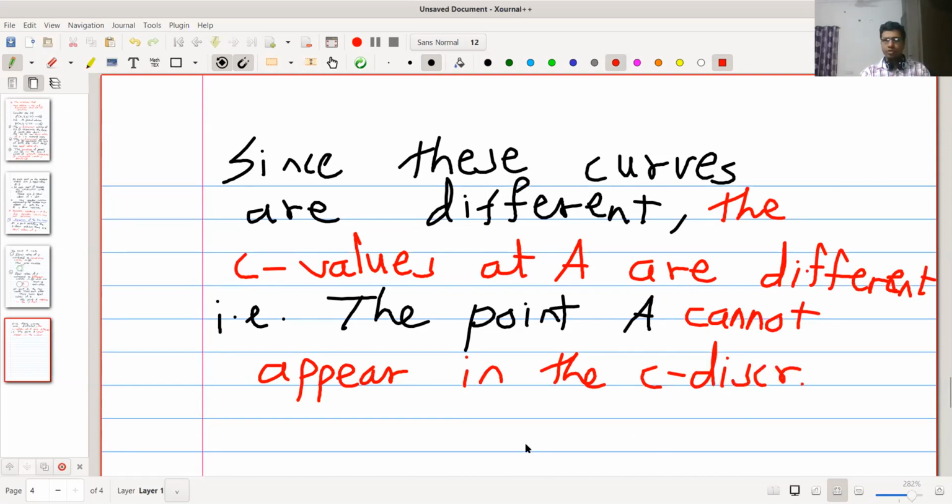Okay, so if we have the points, the relations which are in P discriminant but not in C discriminant, then we can have such tac locus.